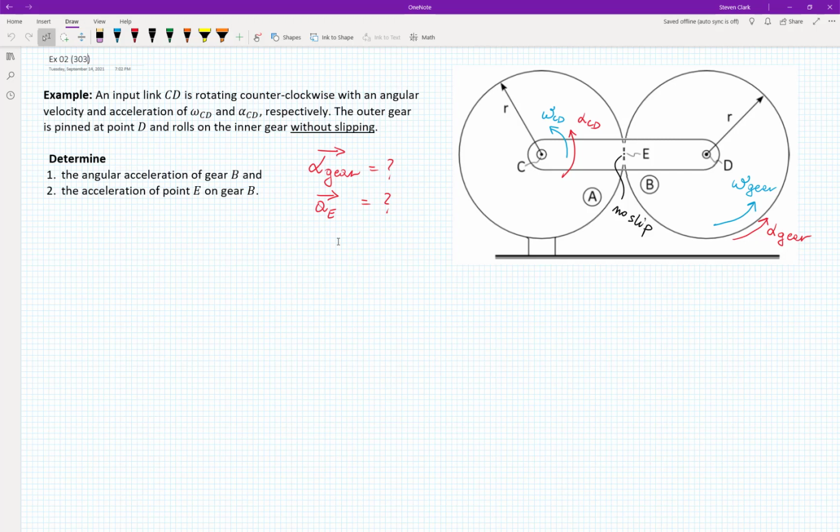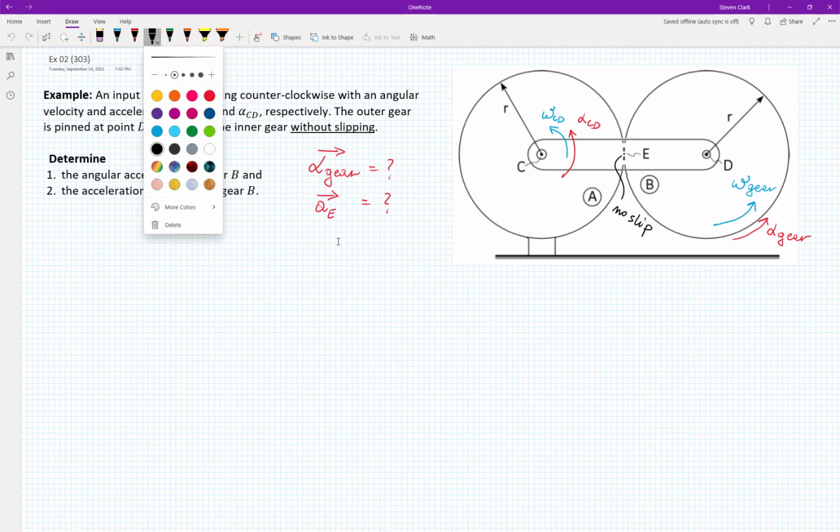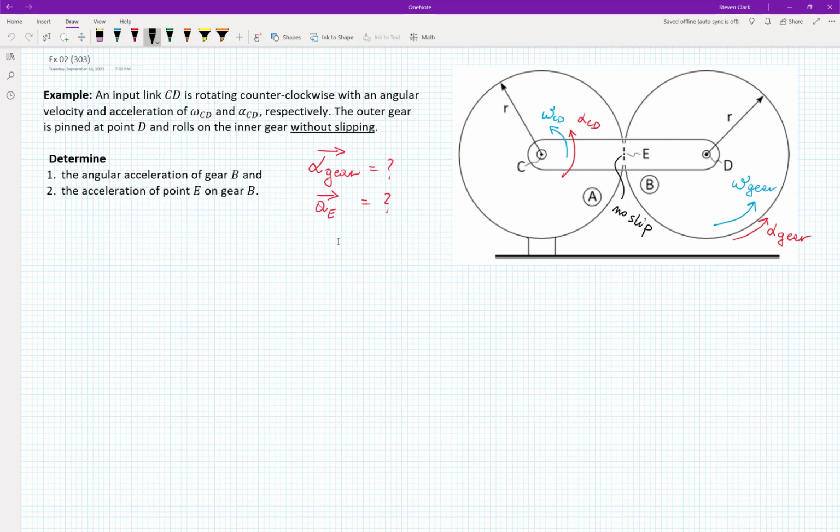Okay, so what do we have in here? We have 3 bodies. First of all, cylinder A that is fixed, right? Cylinder A does not move at all, which is good. It simplifies the problem for us, because now we know that the velocity and acceleration of every single point that belongs to this cylinder is 0.